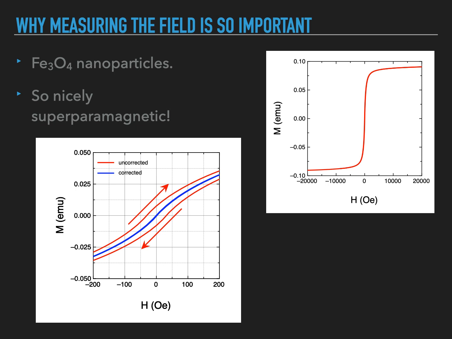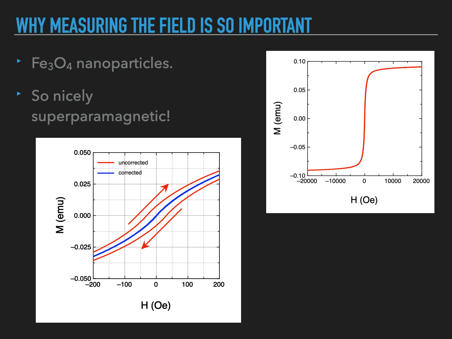Fortunately, since you have the palladium sample that you can use to calibrate the squid, you can also use that palladium sample to compensate for the hysteresis of the superconducting solenoid. Indeed, you measure the hysteresis of the superconducting solenoid through the palladium sample and use that information to correct the hysteresis, so it means that you correct the field value that you put in the abscissa of your graph.